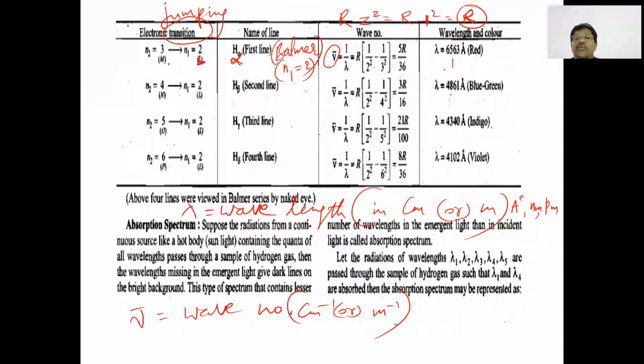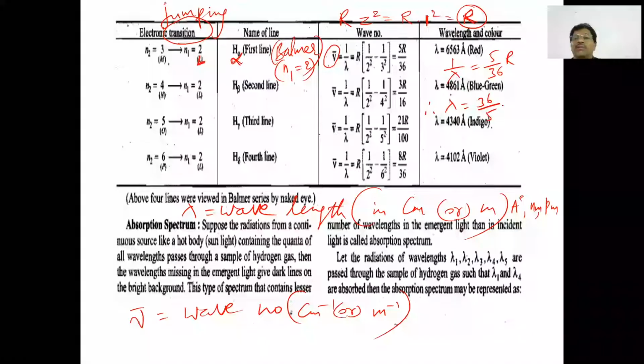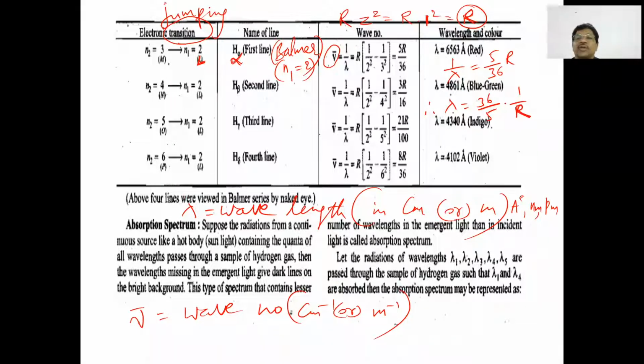Therefore, lambda is equal to 36 by 5 into 1 by R. Is it clear? The inverse of lambda is 5R by 36, but lambda is what? Now we have to invert it. When you invert this, what happens? 36 by 5 into 1 by R.